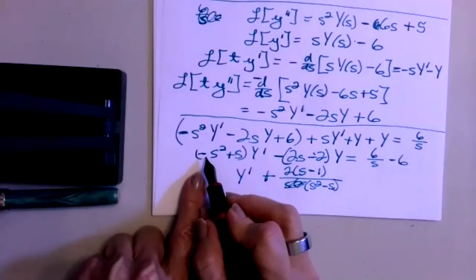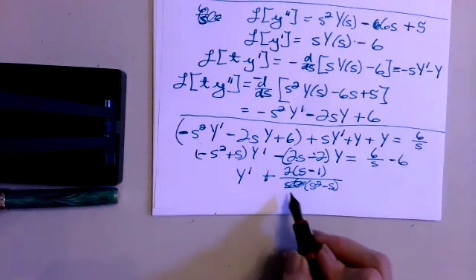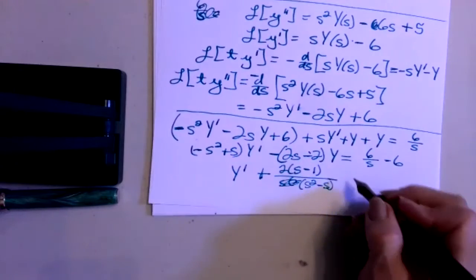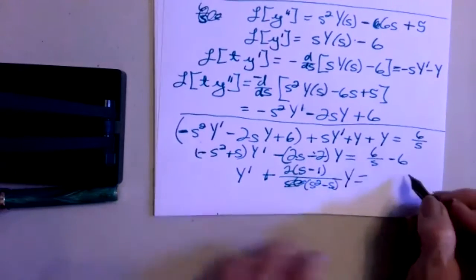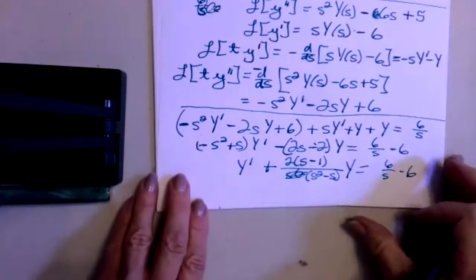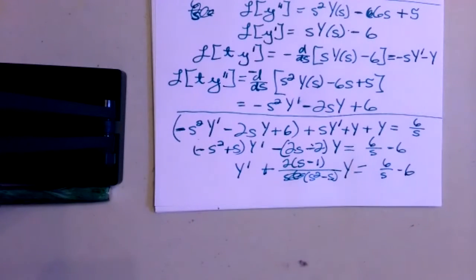So I'm dividing by minus s squared plus s, but there's a minus sign and I factor out a minus sign from the denominator. I factored out a 2 while I was at it in the numerator. And this is 6s minus 6. And now you notice this is a linear equation.